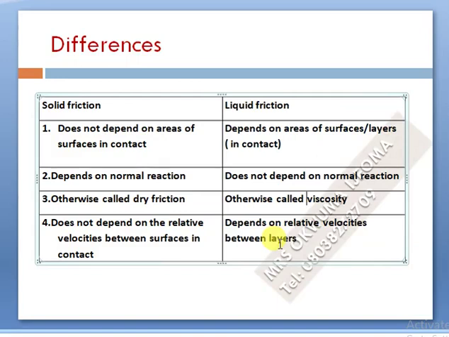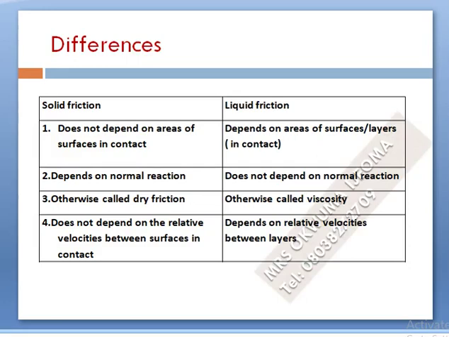Glycerin, or your engine oil. When you drop it inside the engine oil, the velocity of the stone will be what? Slow. So you find out that viscosity depends on the relative velocities between the layers, whereas solid friction does not depend on the relative velocity between surfaces that are in contact.